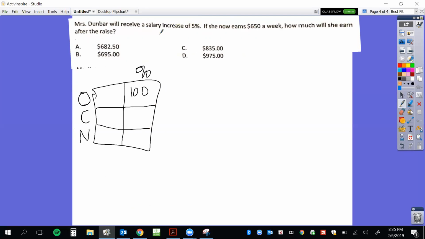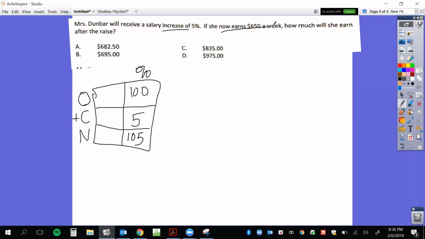Now it says she'll receive a salary increase. So I know I'm over here adding. And it's an increase of 5%. Therefore, if I look at this addition problem, it says 100 plus 5. So my new percent is 105.